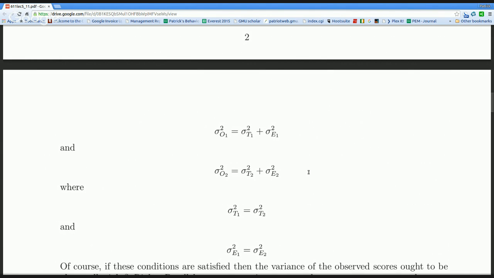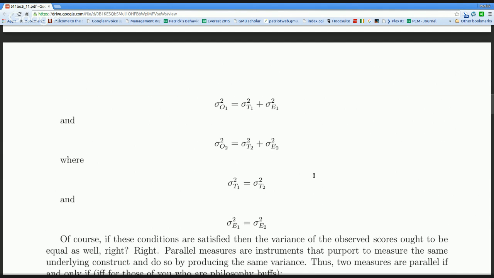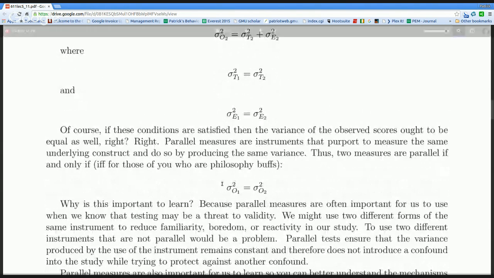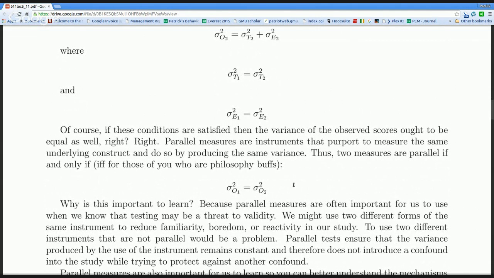And the most important thing here is that our true score variances are equal and our error variances are equal. And when we have that, we then have that our observed score variances are equal. Now, this is the definition of parallel measures.